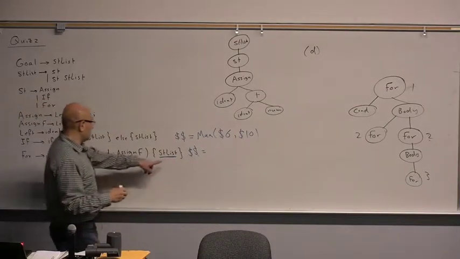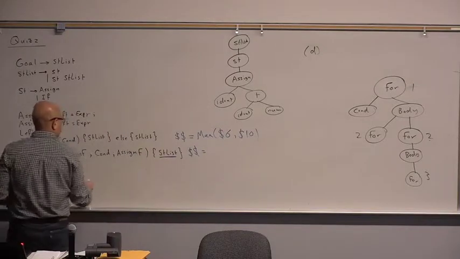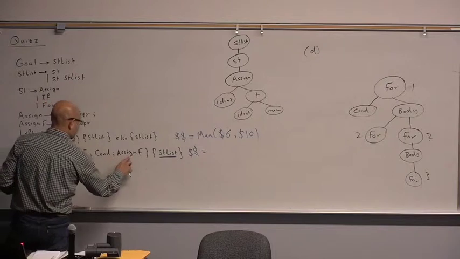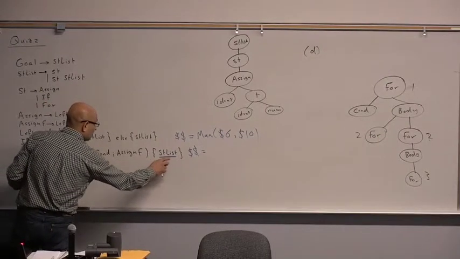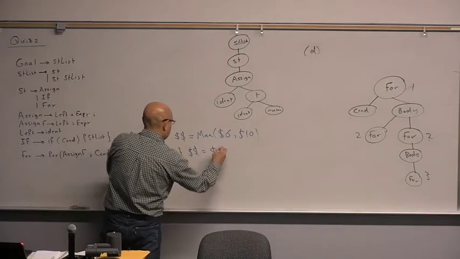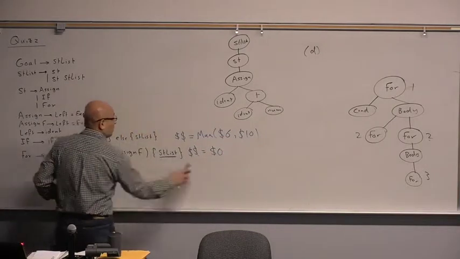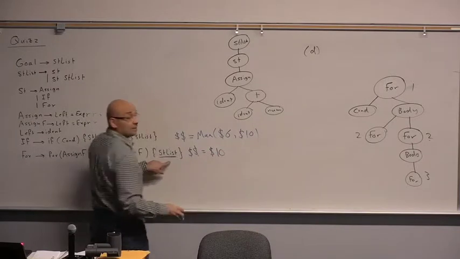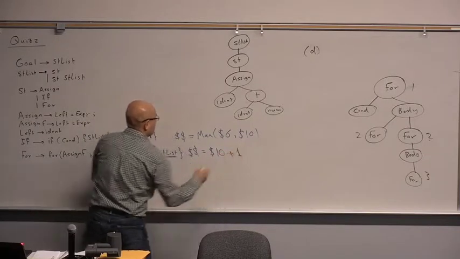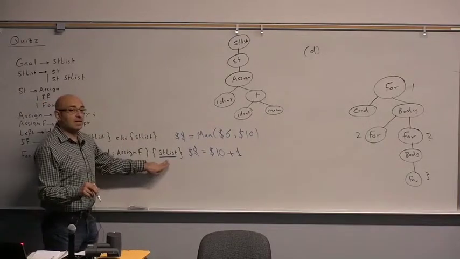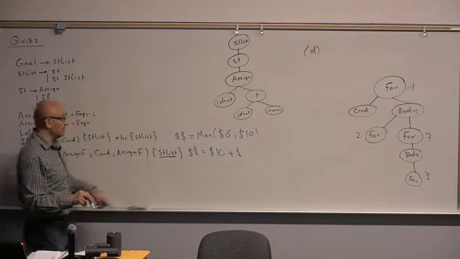So we are interested in, again, what's the number? 1, 2, 3, 4, 5, 6, 7, 8, 9, 10. So this is $10, however many for loops are in this, $10 plus 1. So we are adding 1. This is the key idea. We are adding 1 to whatever the number of for loops in this is.